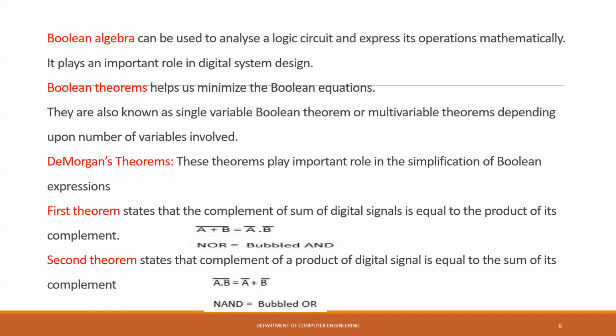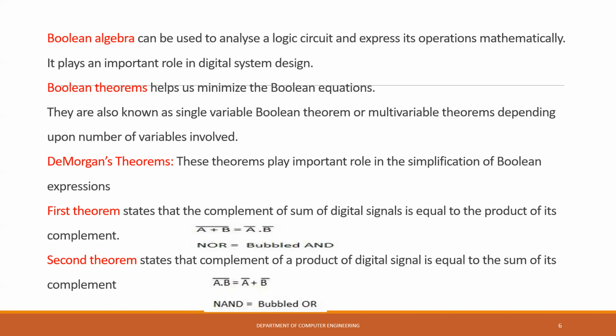The first theorem states that the complement of the sum of digital signals is equal to the product of its complements. That's why A plus B whole bar is equal to A bar dot B bar. Means the NOR operation is equivalent to the bubbled AND operation.